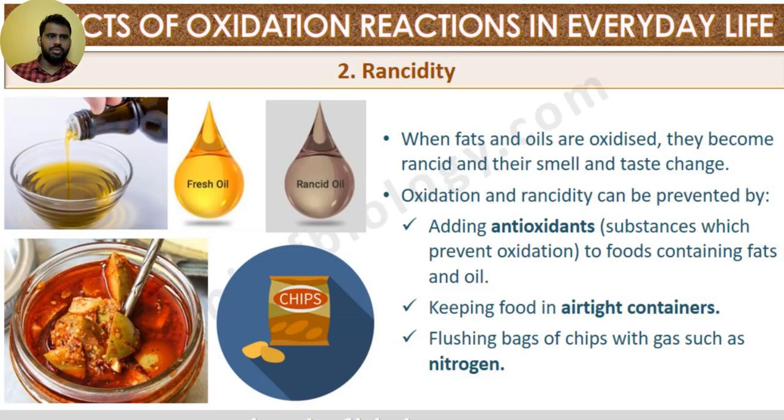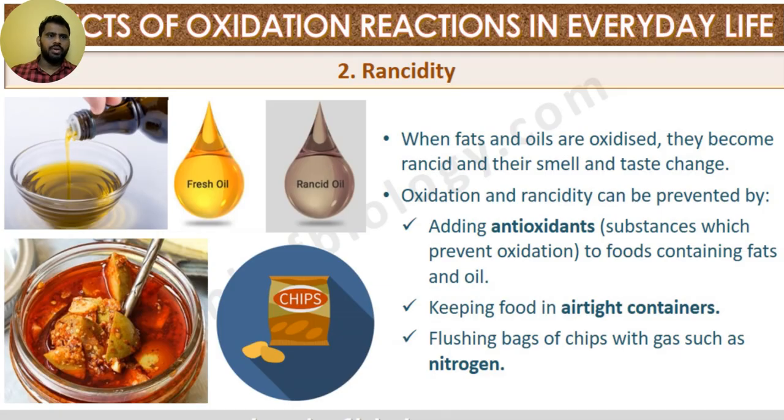The chapter is over. We have discussed a lot of things in this chapter. We started part 1 by discussing what is a chemical reaction, how to write a chemical reaction, how do we know a chemical reaction has taken place, and how to balance a chemical reaction by hit and trial method.